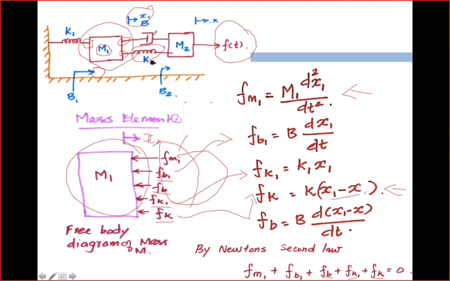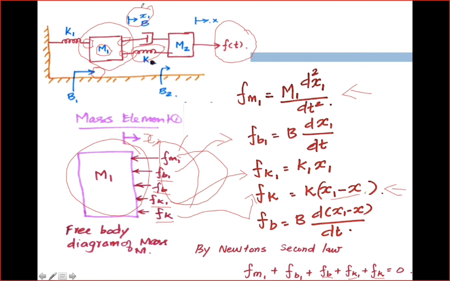So according to this problem, we have two elements: dashpot B and spring K. These two elements are not connected with any reference, and they are connected with mass element 1 and mass element 2. Because of this, they will exhibit two different displacements, x1 and x2.